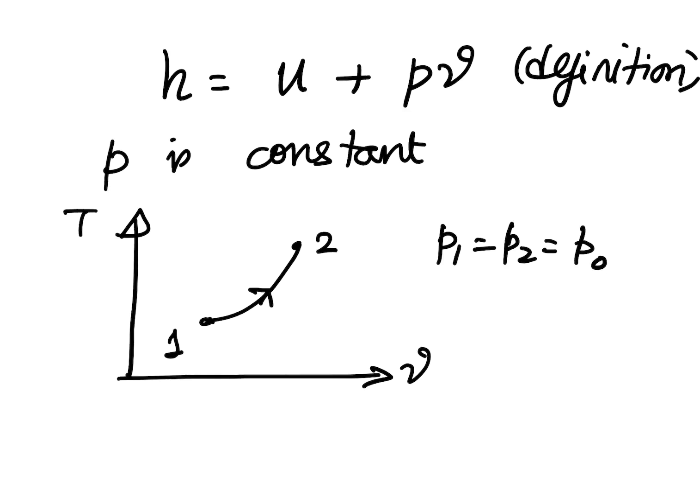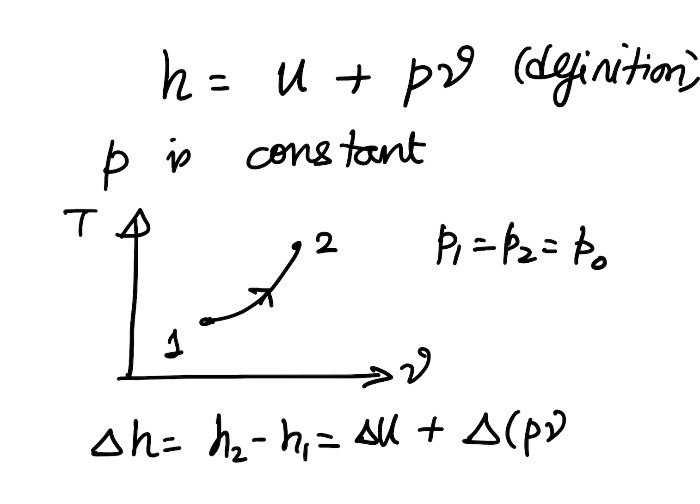And we have the enthalpy change, which is delta H or H2 minus H1, being delta U plus change in the PV product. Let's just think of what is the change in the product P times specific volume.